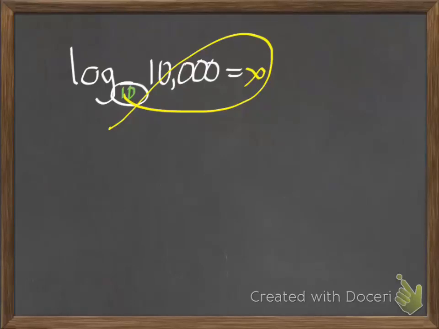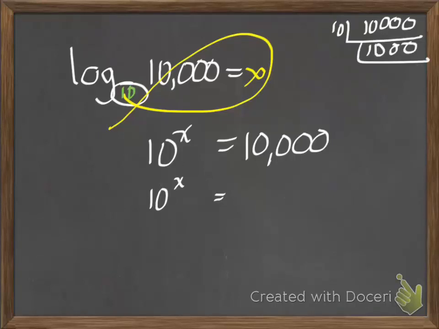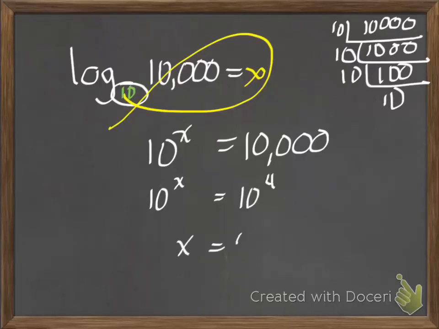So in this case, when we evaluate that, that's 10 to the x is equal to 10,000. Well, I know it has to be divisible by 10 if I'm going to be able to evaluate it right now. So I'm going to divide by 10 and see how many times that 10 will divide in. If I divide by 10, I get 1,000. Divide by 10, I get 100. Divide by 10, get 10. So that's 10 to the 4th. So x is equal to 4.